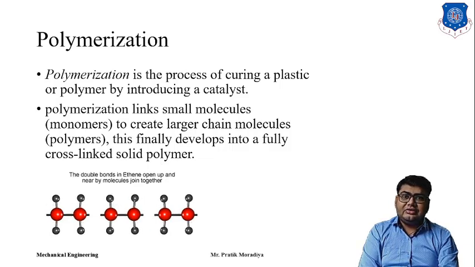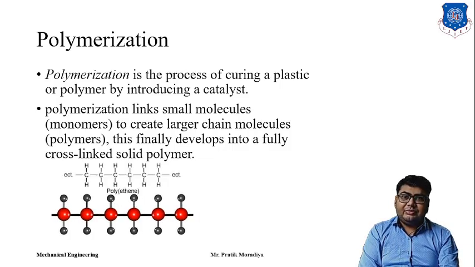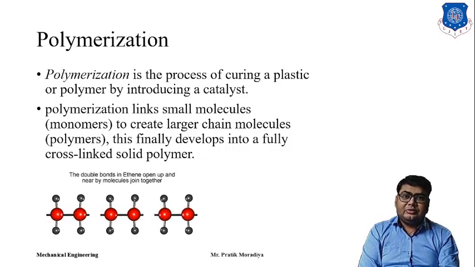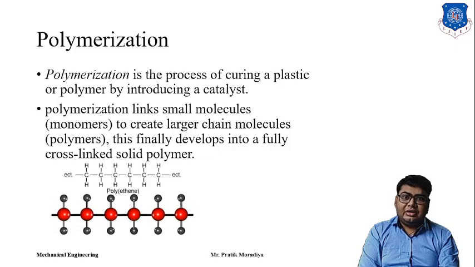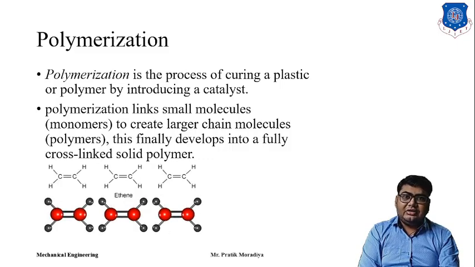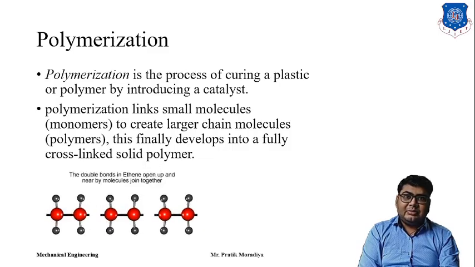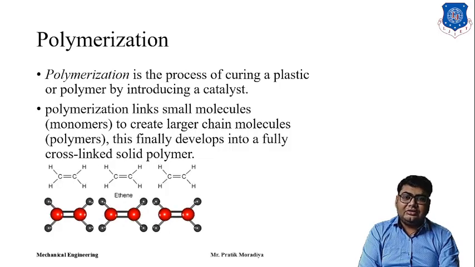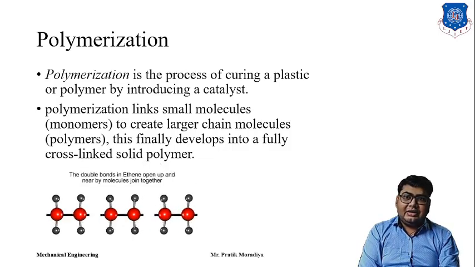What is a catalyst? A catalyst is something that does not take part in the process but it helps the process initiation. If the catalyst is not there, the process will not happen, but with the help of the catalyst, the process will happen, and at the end of the process, the catalyst will be there as it is.